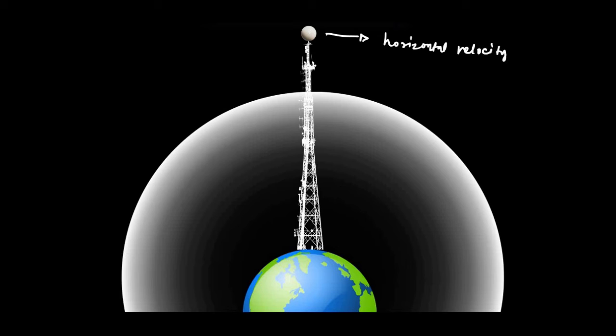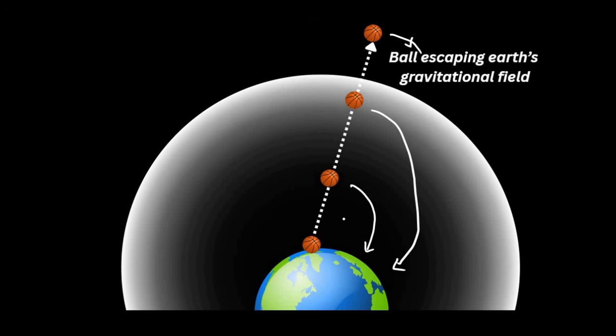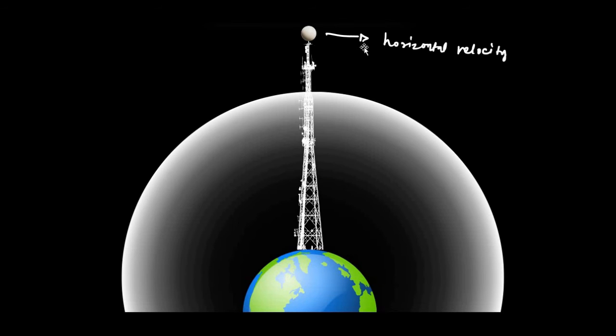The earlier one was about the vertical velocity, so that it escapes Earth's gravitational field. Once it has escaped Earth's gravitational field, we are giving it a horizontal velocity.